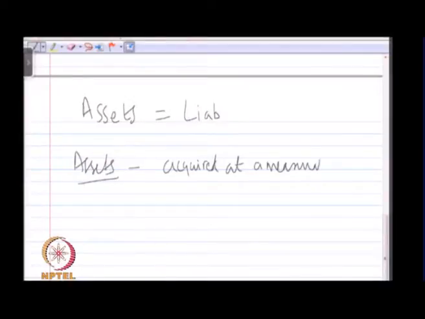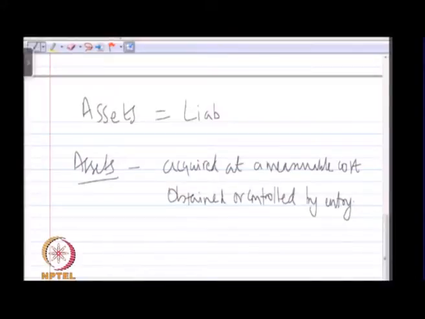just revisiting this concept, because these are all very important concepts before we actually start recording these transactions, and that these assets are obtained or controlled by the entity. And why is it an asset?